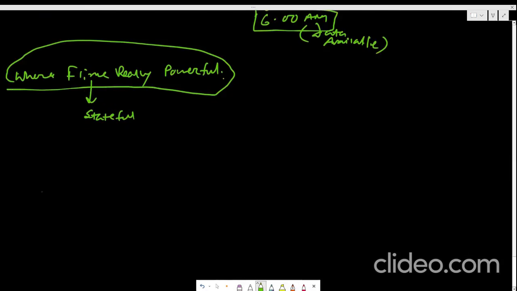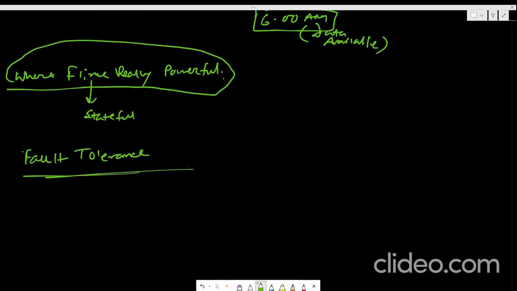I think you got it. Now we will also talk about fault tolerance. Imagine Flink is processing, and 1 million events are getting generated per second, and a worker crashes. You don't want to lose the processed state, right? So Flink uses a mechanism such as checkpoints.